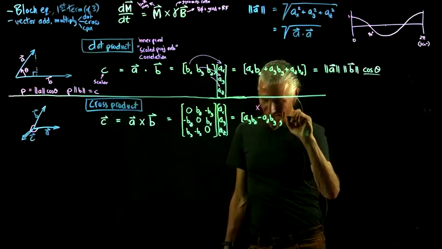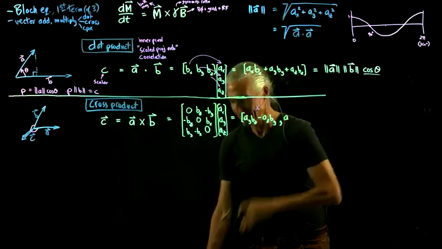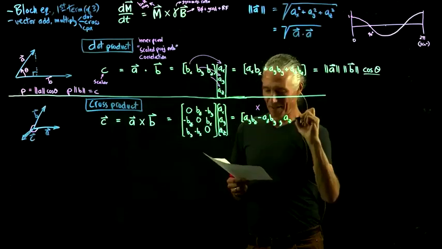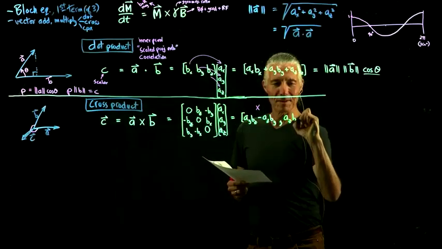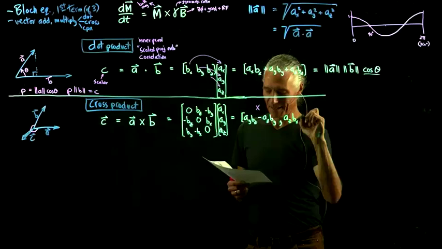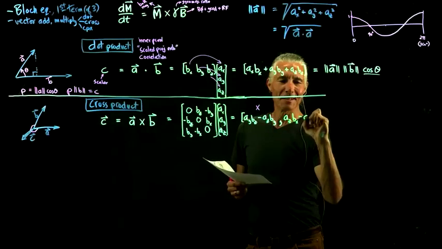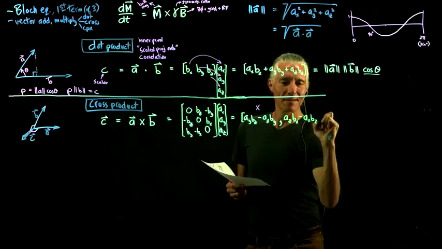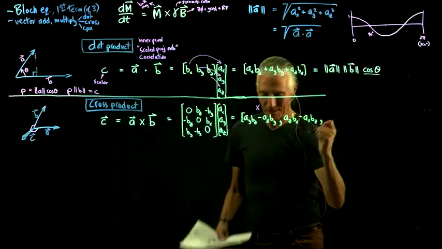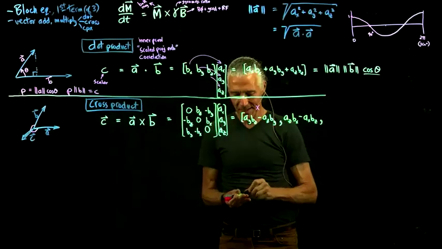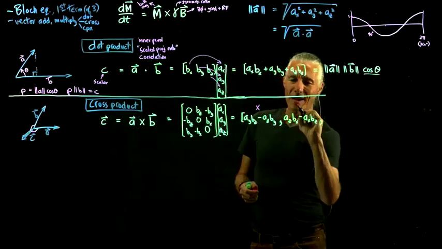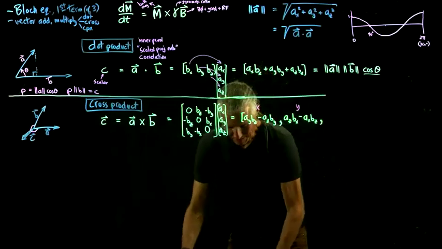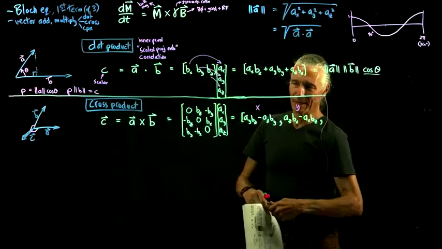So az, because I'm not a mathematician, I can't remember this, bx. So we mix the z's and x's minus ax bz, and that gives us the y component of the c vector, and then finally when we mix the x's and y's, we get the z component.